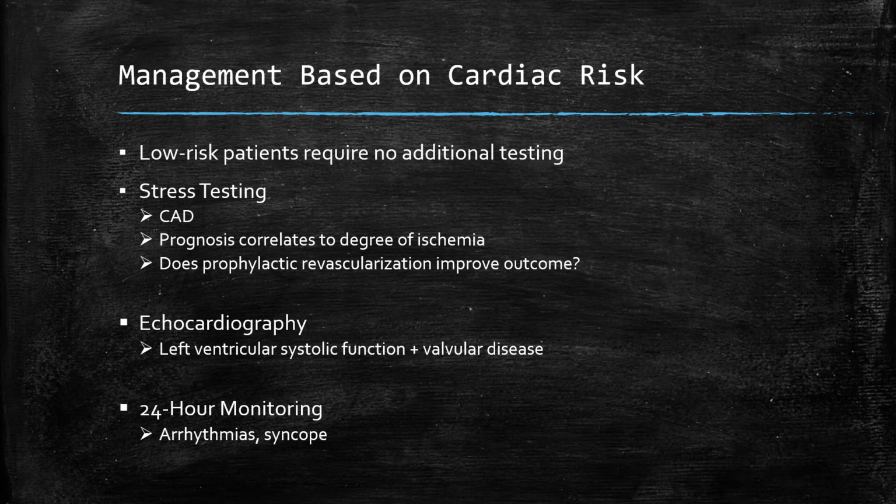Once we know our patient's cardiac risk score, then the next decision to be made is whether additional cardiac testing is necessary. Now, certainly low-risk patients require nothing more, but many of our intermediate and high-risk patients will require an additional workup.